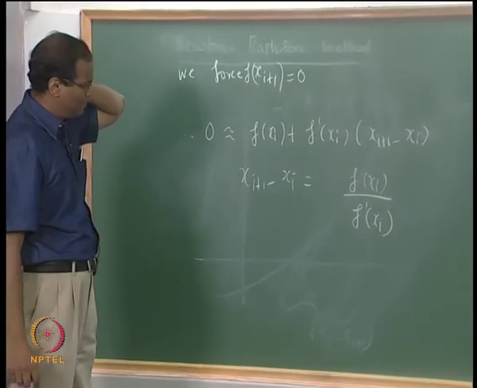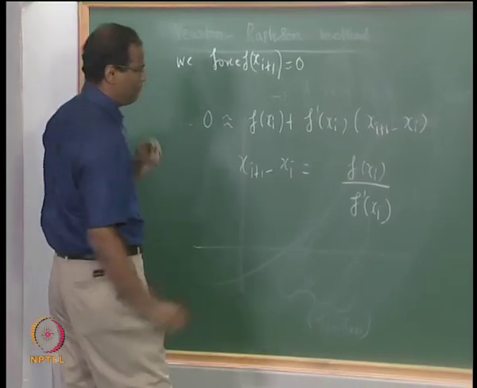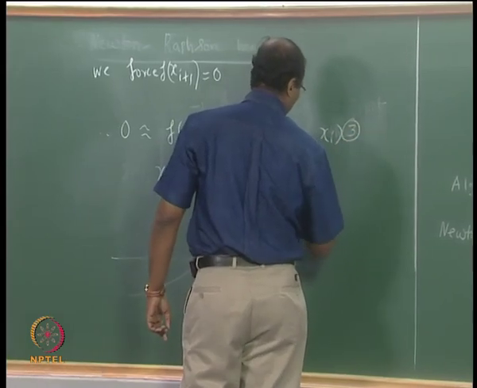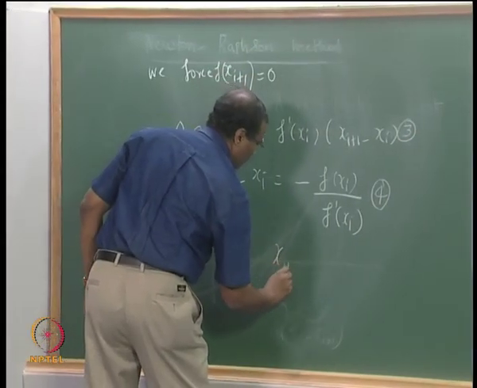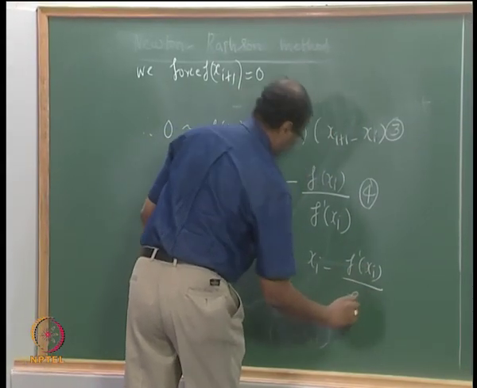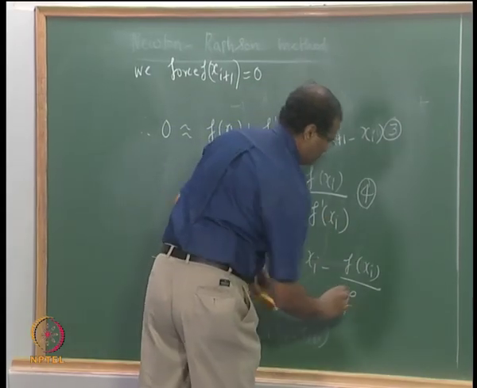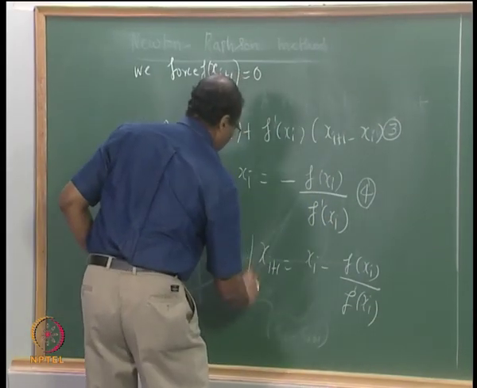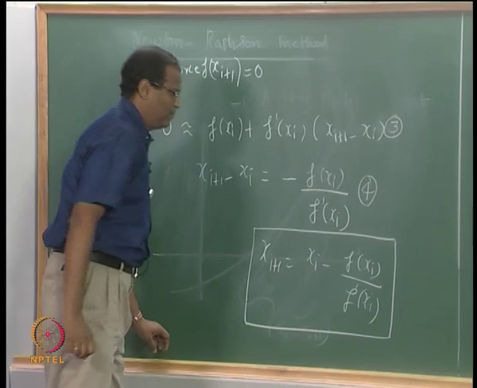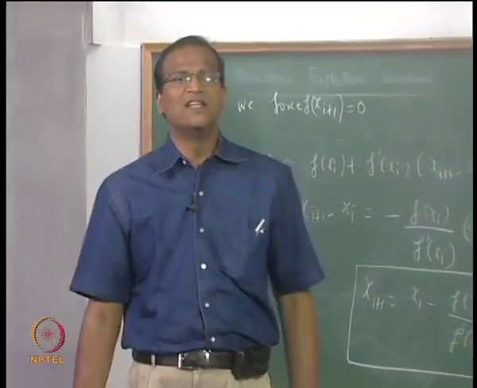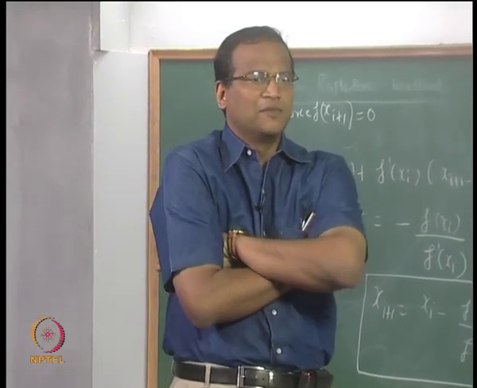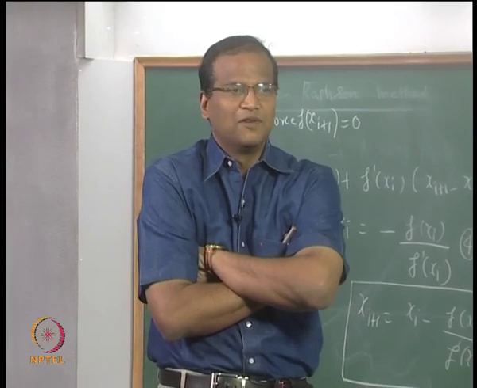Minus, is there a minus? Okay, so using Taylor series expansion also we get the same result. Since both the graphical method and the Taylor series expansion give the same result, this must be the correct version of the algorithm, right.